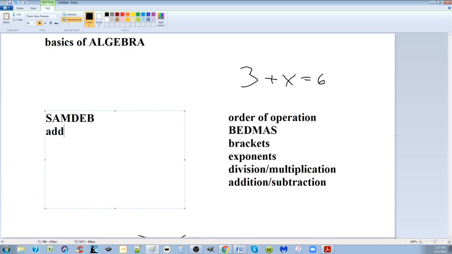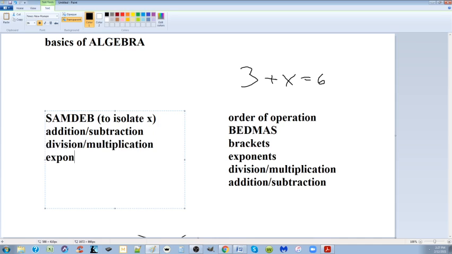You have to look and remove, and this is to isolate x. This is when you want to isolate x. You have to do the reverse. You have to remove addition and subtraction first. Then you have to remove your division and multiplications. Then you have to remove your exponents.